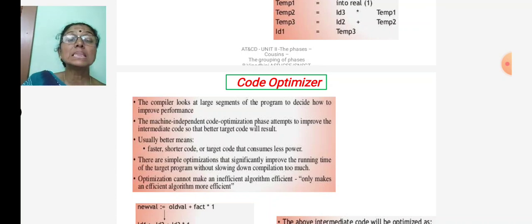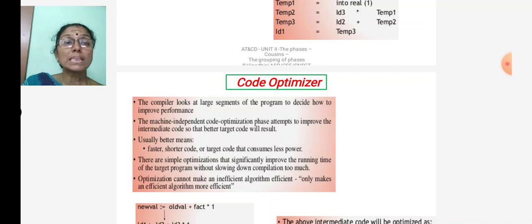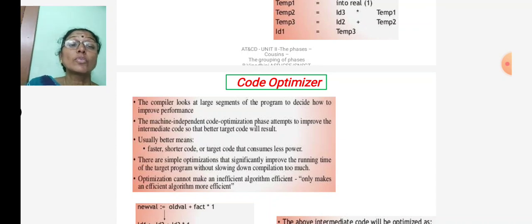For example, instead of multiplication, wherever we can use addition, that is also used. What are the advantages of optimization? The performance is increased, and it also reduces the statement level. So these are all the advantages of an optimization.